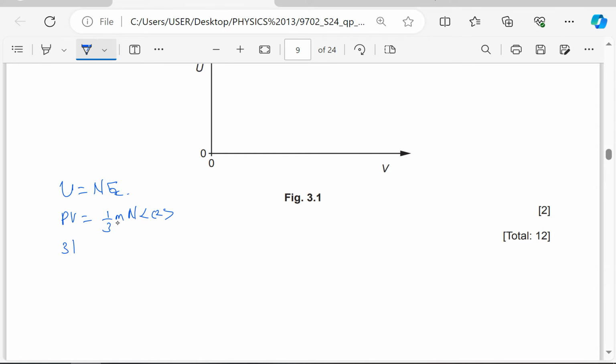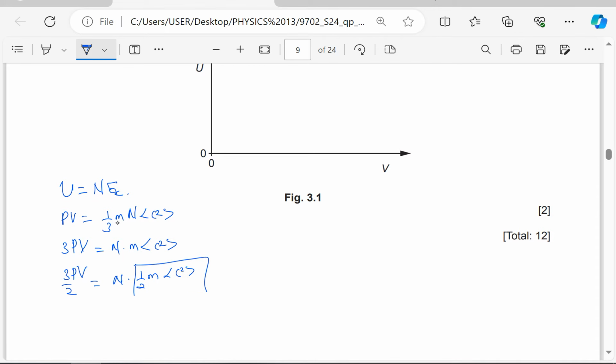So it means 3 times PV is equal to N m mean square speed. Multiplying both sides by a half, we have 3 PV over 2 equals N times a half m mean square speed.